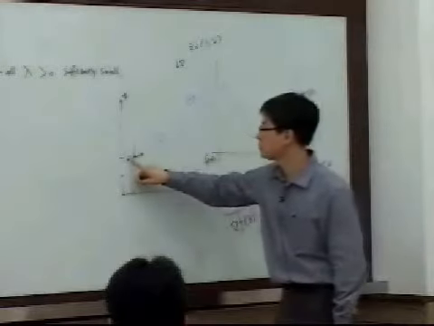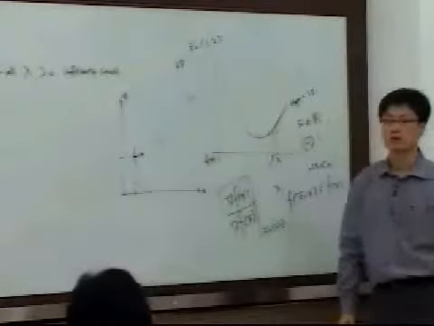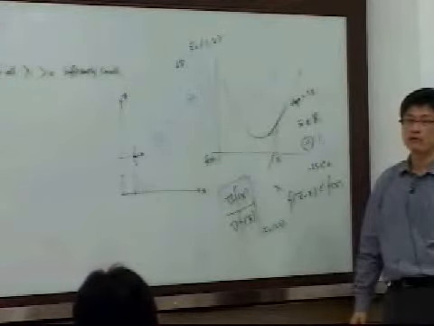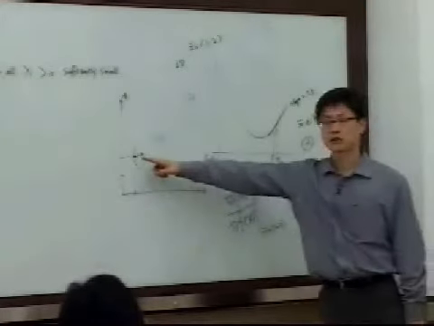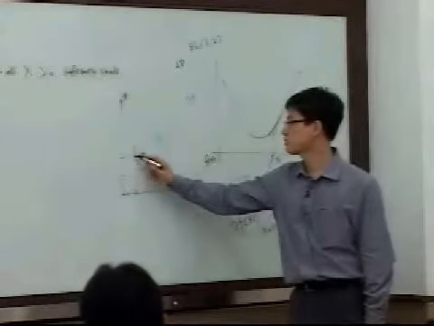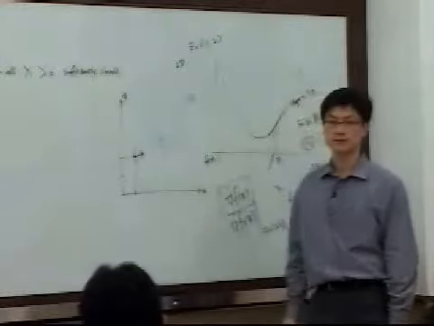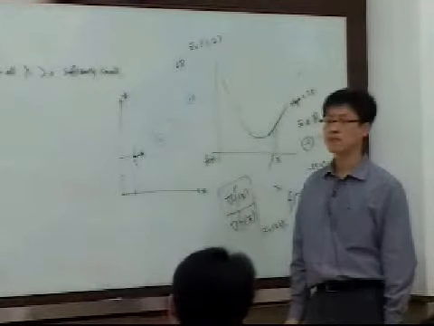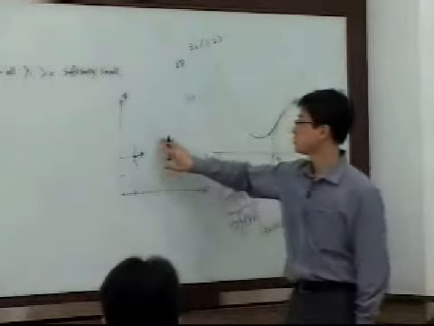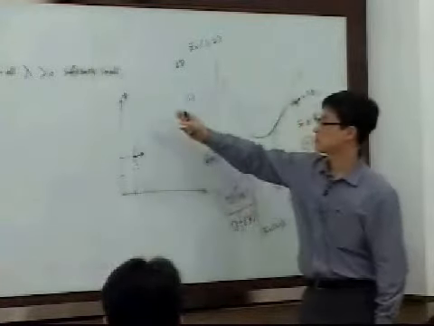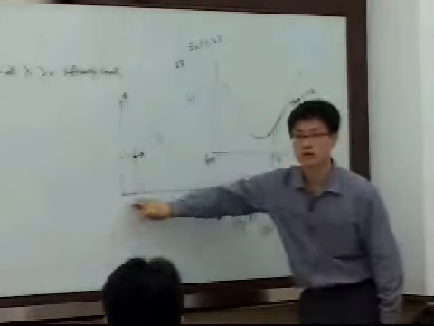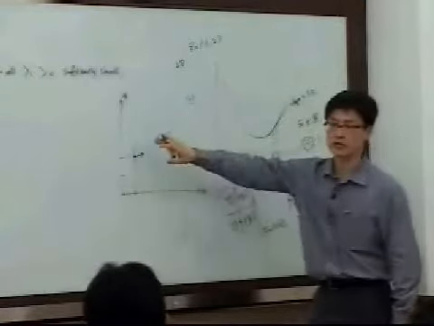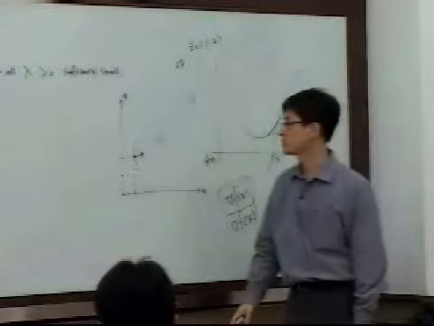So if you plot the gradient of f at x bar, this is your gradient. Because this is 5, and if you go down, the values become smaller and smaller.